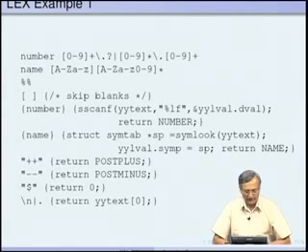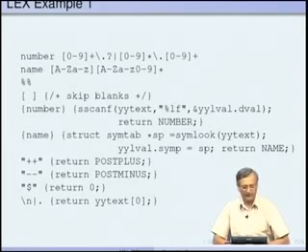The number definition simply defines a number. The first part is 0 dash 9 plus, then a backslash dot question mark. It looks difficult, but it trivially says the number is any number of digits followed by a dot, which is optional.